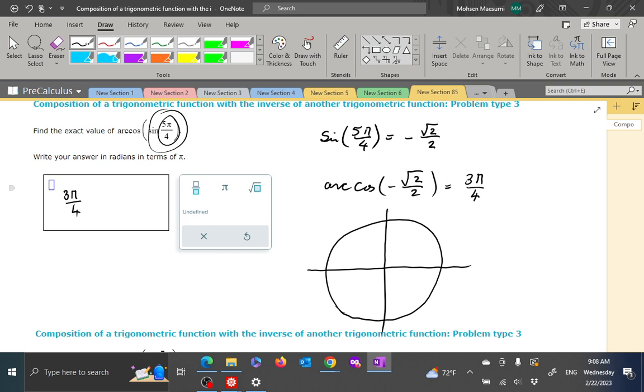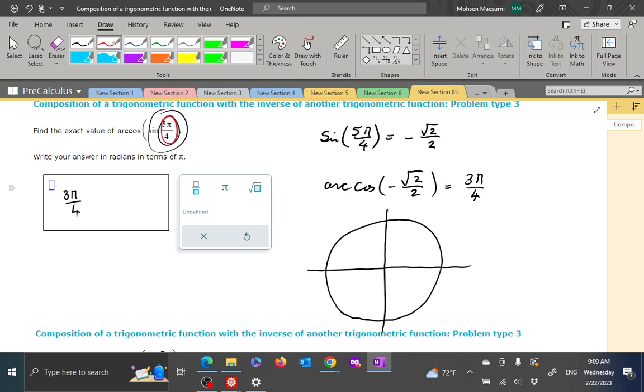It doesn't have to be always about some multiples of pi over 4 or pi over 3 or pi over 6 or something. Similar questions can be answered with any kind of angle. So I can give an arbitrary angle here and ask the same question. But visually what's happening here, so we have the angle of 5 pi over 4.